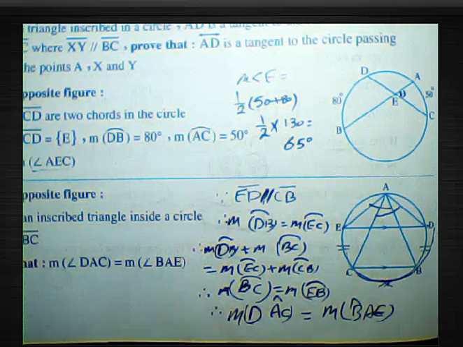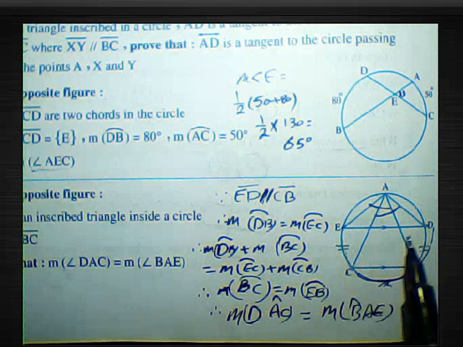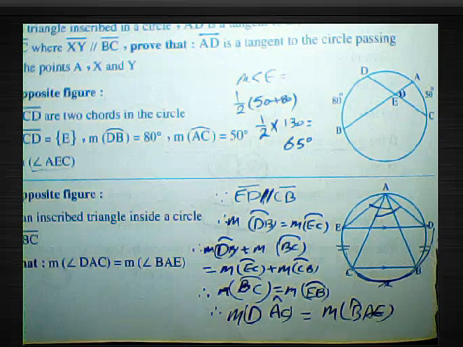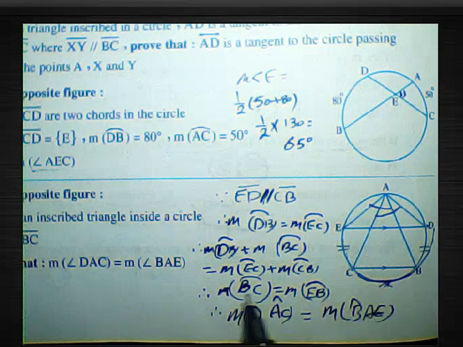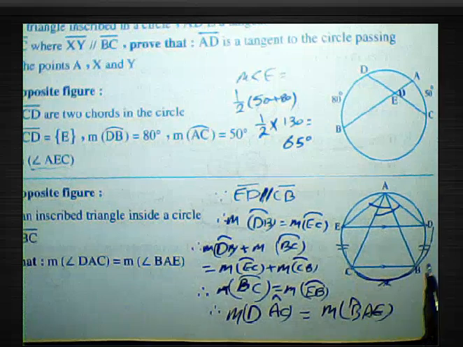Again, we have two parallel chords, ED parallel to CB, then the measure of arc DB equals the measure of arc EC here, and we can add the measure of arc CB from the left-hand side to the right-hand side.